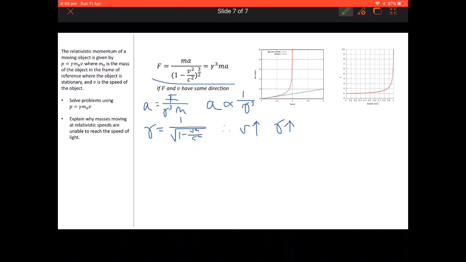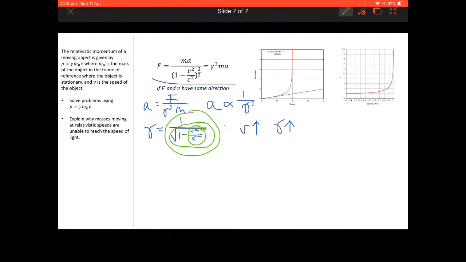Because we've got v getting closer and closer to the speed of light, this whole fraction becomes 1, and then this denominator becomes 0, which means the whole fraction approaches infinity, because as the bottom of a fraction gets smaller and smaller, the overall number becomes bigger and bigger.